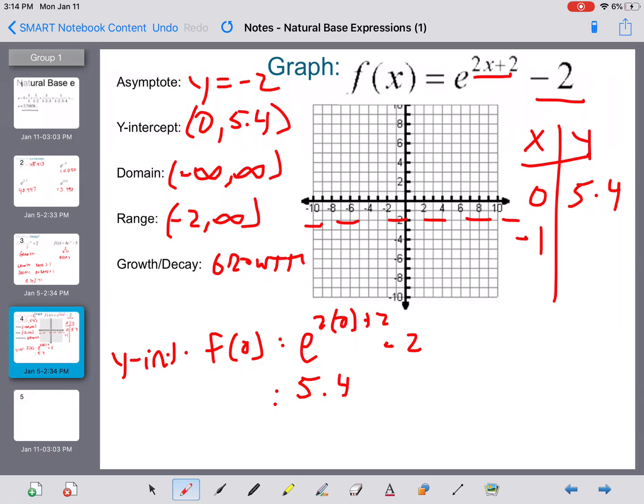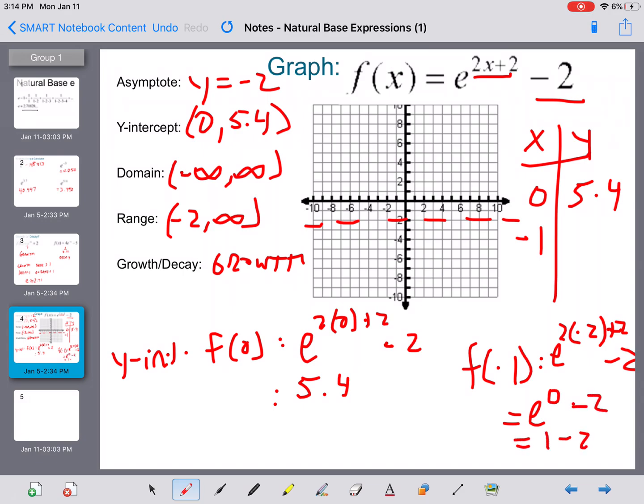And so f of -1 is e to the 2 times -1 plus 2, and then we have this -2 out here. So this would be e to the 0 minus 2, and e to the 0 is 1, minus 2, which will give me -1. So we get -1, -1.